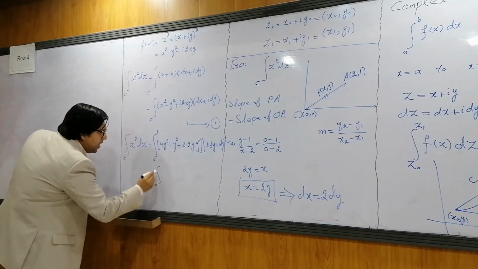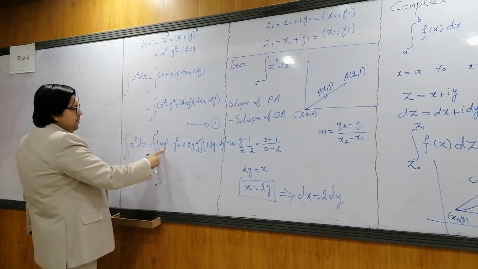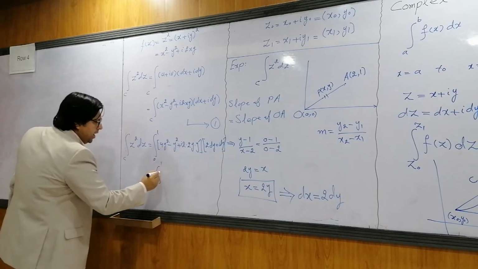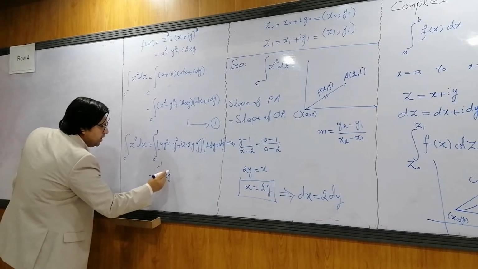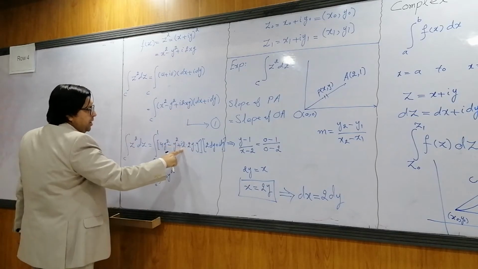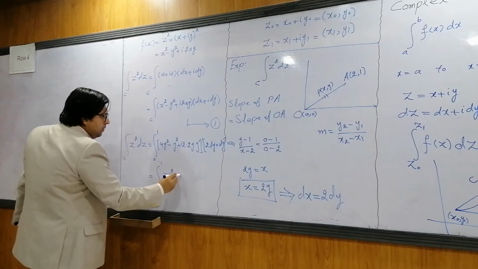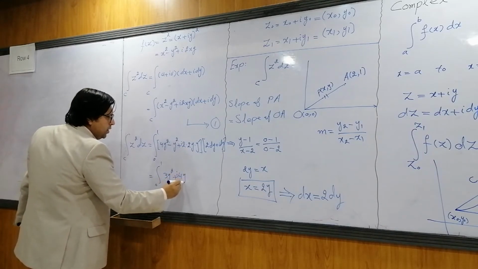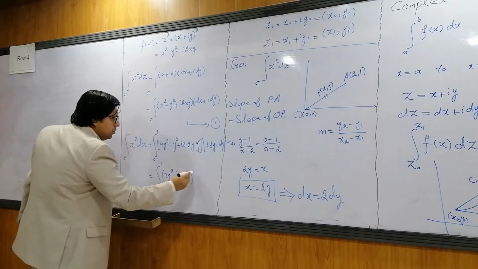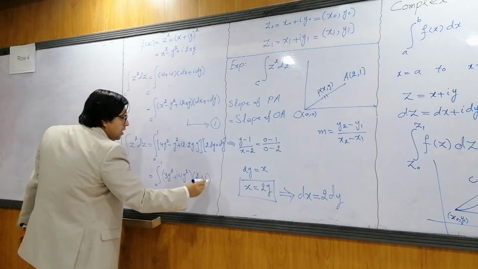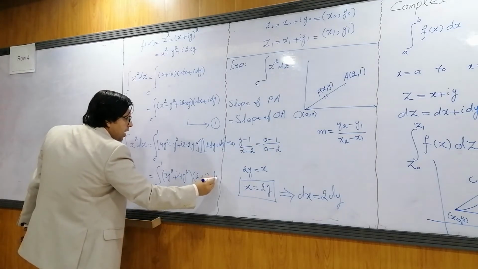If you simplify, we get 3y square, and iota comes from here, and plus 4 iota y square, into, taking dy as common, 2 plus iota into dy.